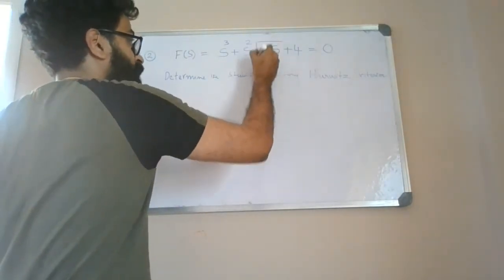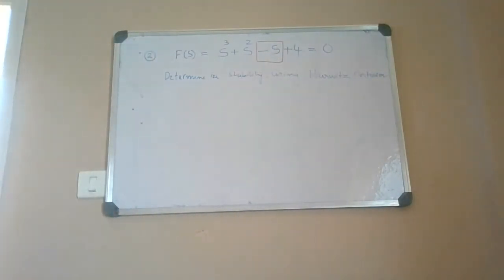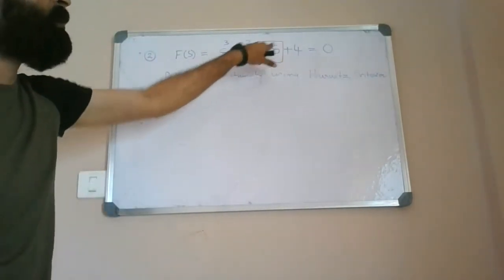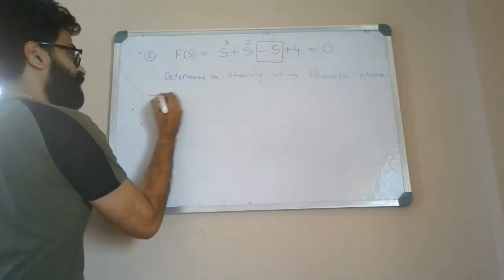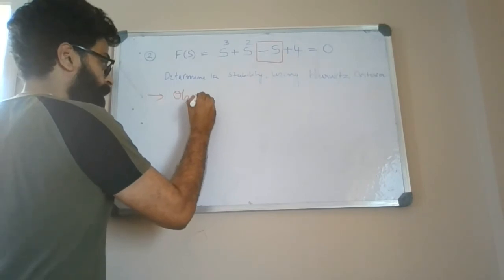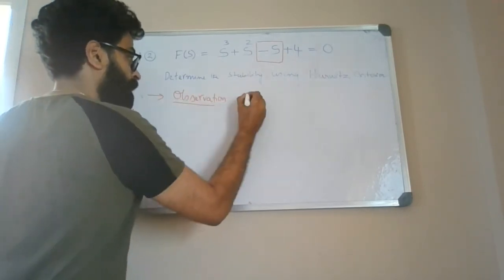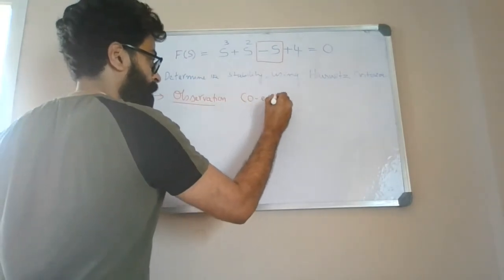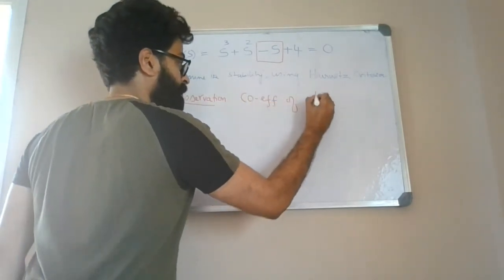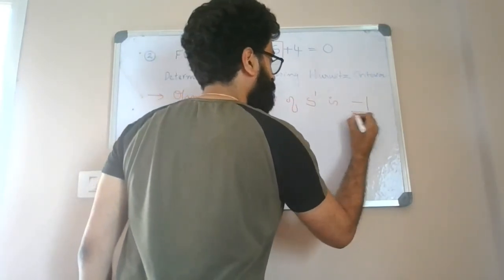I don't have to apply Hurwitz criteria because the coefficient of s to the power 1 is negative. So you can write the observation: the coefficient of s to the power 1 is negative 1.